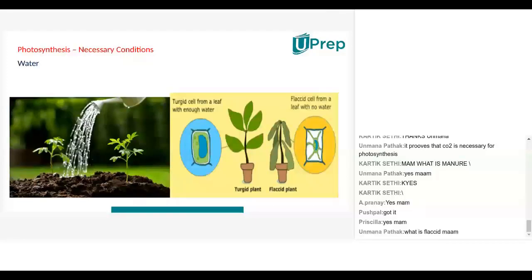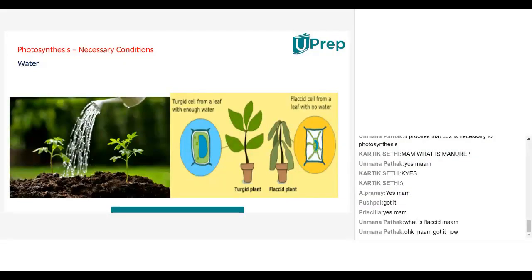Now, this is an example that I was citing, that you have two plants. The plant on the left side, you keep on watering it continuously. It gets sunlight, it gets nutrients, it gets carbon dioxide and everything. But the plant on the right side also gets everything, but it does not get water. You will not water it, right?